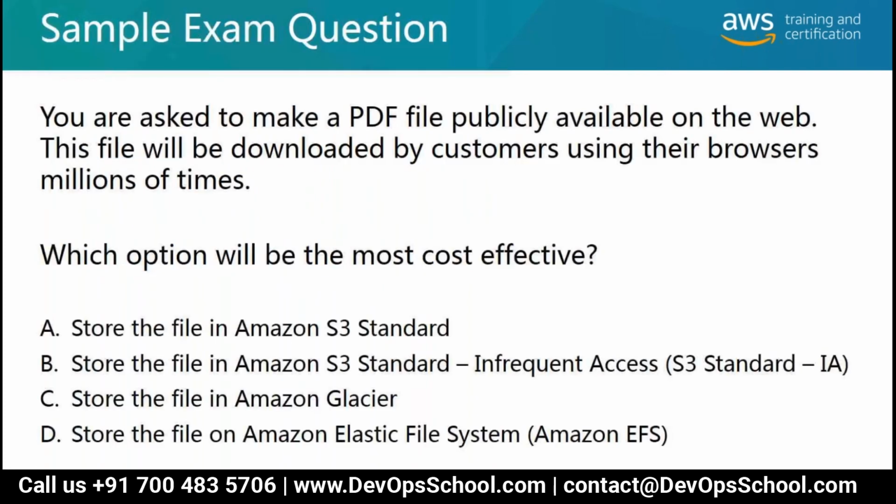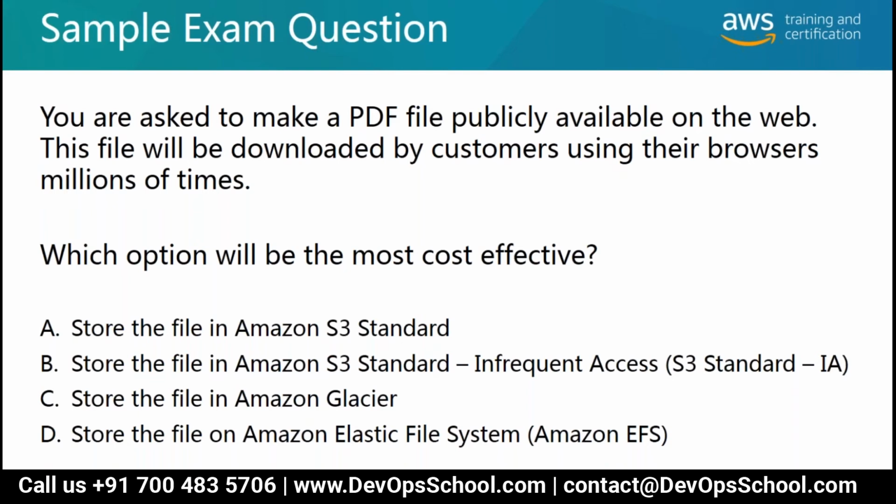Okay. So let's see a sample question. You are asked to make a PDF file publicly available on the web. This file will be downloaded by customers using their browsers millions of times. Which option is the most cost-effective one? So you are making a PDF file publicly available for the web, and this will be downloaded millions of times.